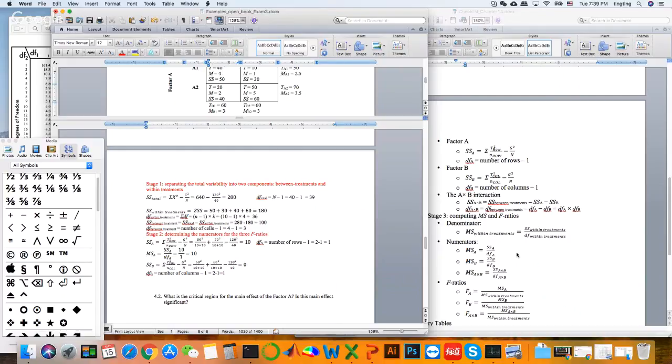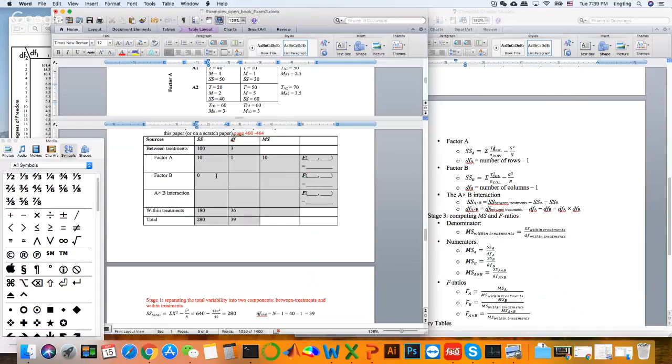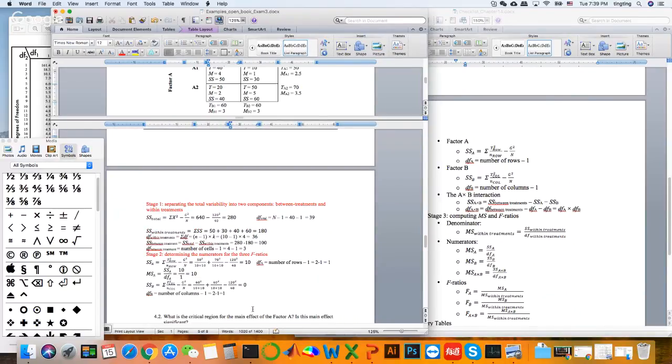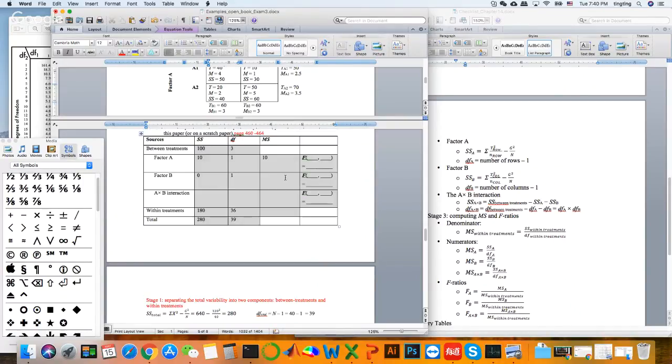And then got to put the number 0 and 1, and then 0 divided by 1 for its MS equals 0. Put 0 here.